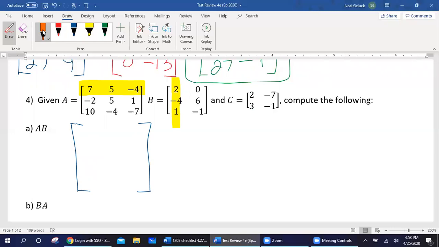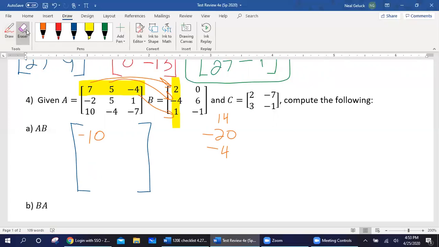So this means 7 times 2. And this would just be all side work here, 14. 5 times -4, so that's -20. -4 times 1, -4. And then I add all those together, and that would give me -10.